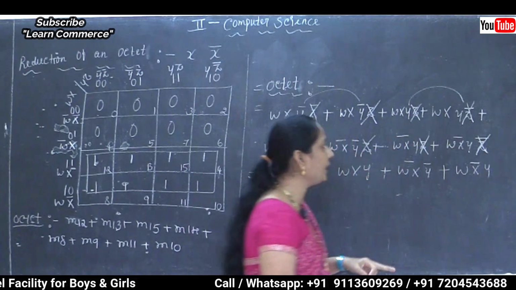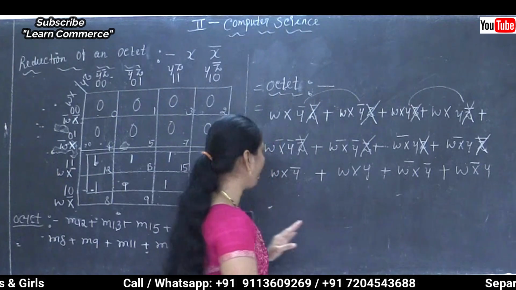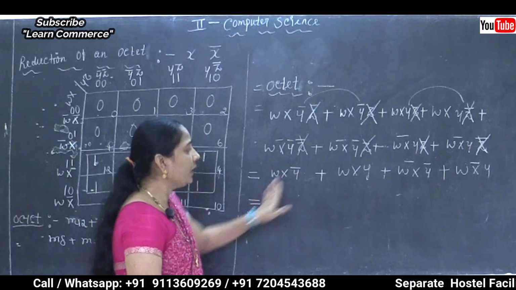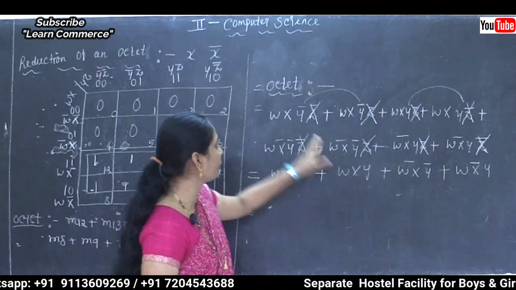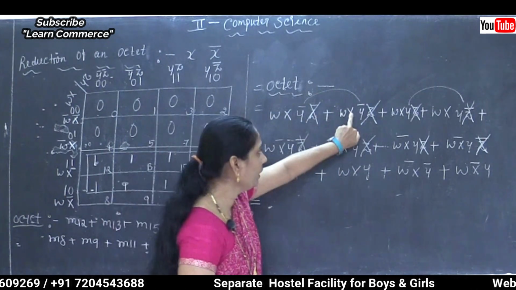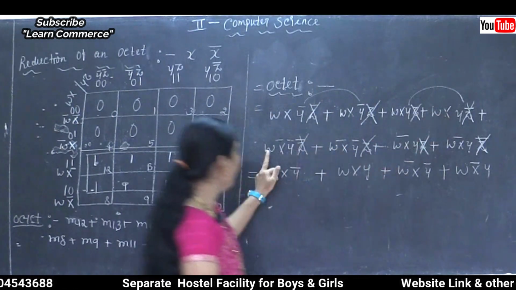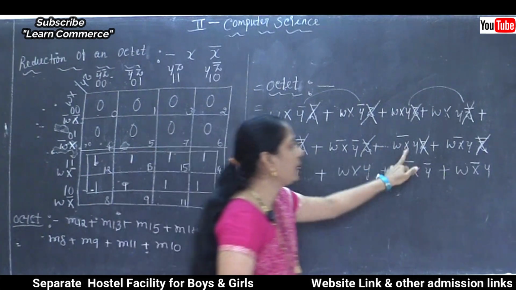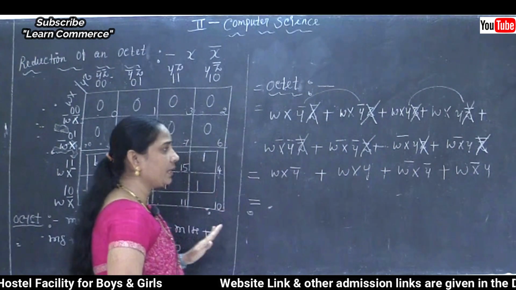The variable is Z and complement of Z. Now we know this is the result of 12, 13, 15, 14 and our 8, 9, 11, 10. Okay, so this is the result.